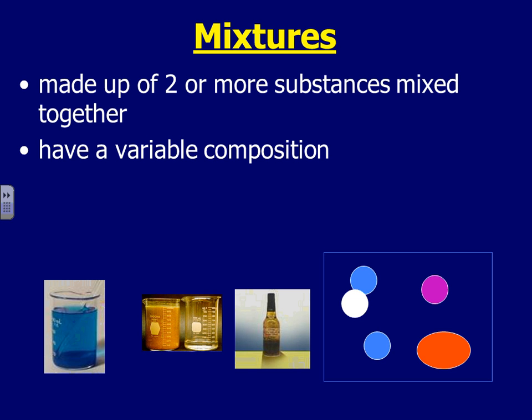It's got the same components in it, but its composition is different. And if I were to add water to this vinegar, I would be changing its composition from 5% down to, well, it depends on how much water I add, right? I could dilute it down to a very low percentage. So mixtures have variable composition. You can change that composition.